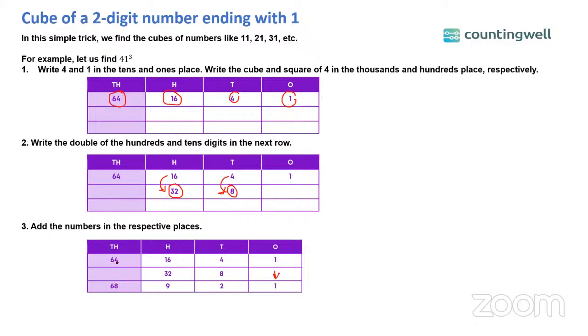And that's why we get 68 in the last column. We are going to carry forward the numbers in respective columns. So we have the cube of 41 as 68,921.